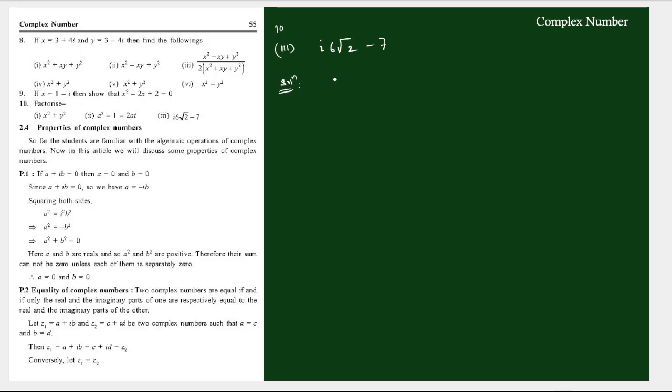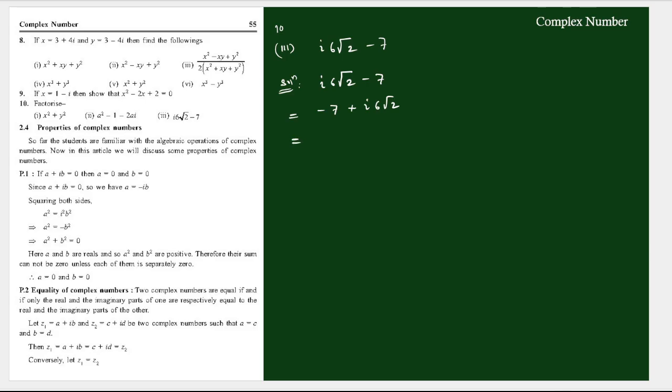Okay, रियल को पहले लिखते हैं तब. यहाँ पे क्या है? So I6 root 2 minus 7. -7 को आगे लिखेंगे, we'll get plus I6 root 2.